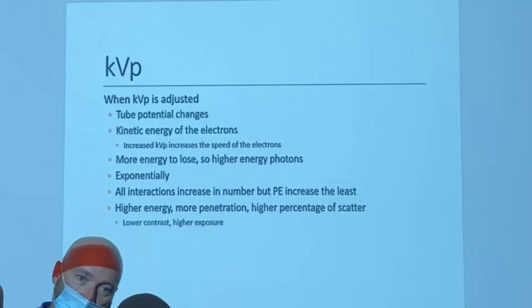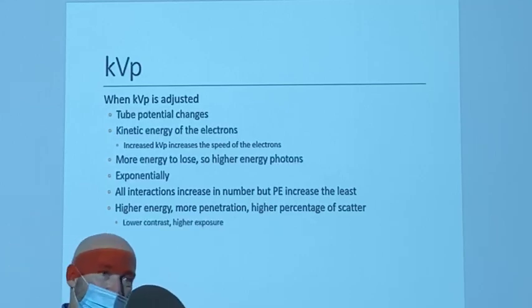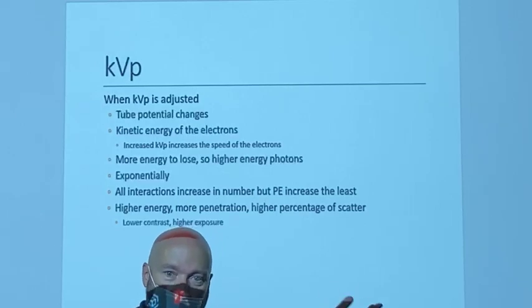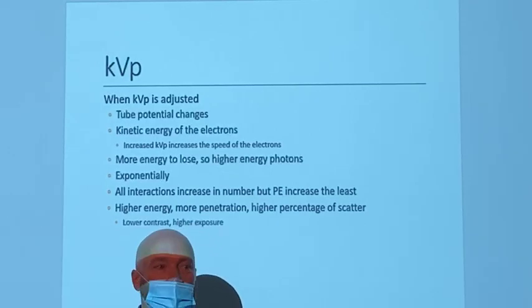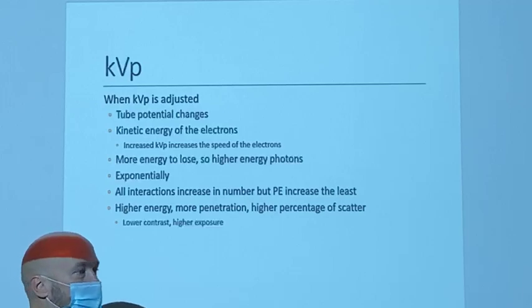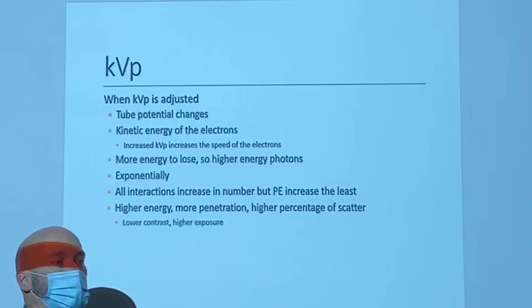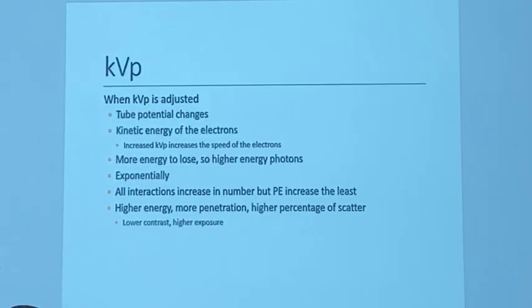If I have totally opaque and totally clear, then what's my contrast look like? Totally black, totally white, right? So if I increase my kVp and I penetrate this a little bit, now what does this one look like? It's more gray, right? So if it's more gray, does that bring those contrasts closer together? Yes. Okay, so even if we got rid of all the scatter radiation with the increase in kVp, we're still going to get a longer grayscale, less contrast, okay?